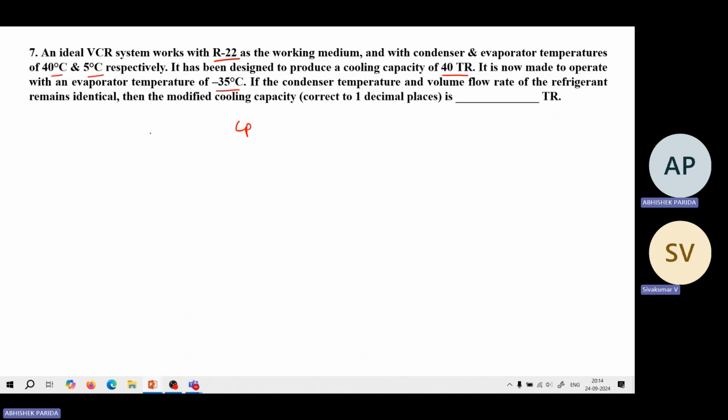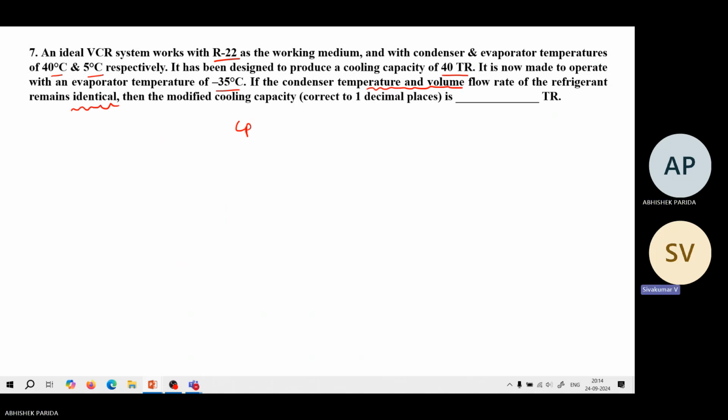If the condenser temperature and the volume flow rate of the refrigerant remain identical, so this is another key information, what is the modified cooling capacity? Based on your judgment, tell me whether the cooling capacity will increase or decrease.